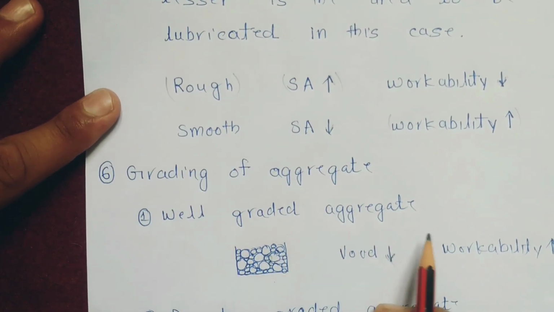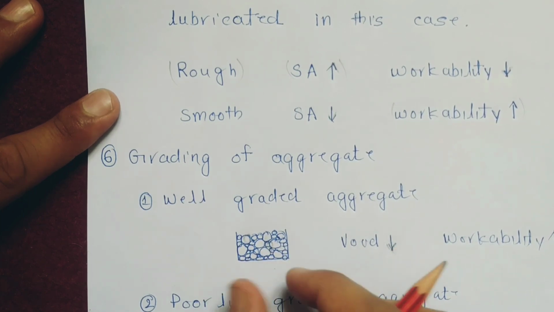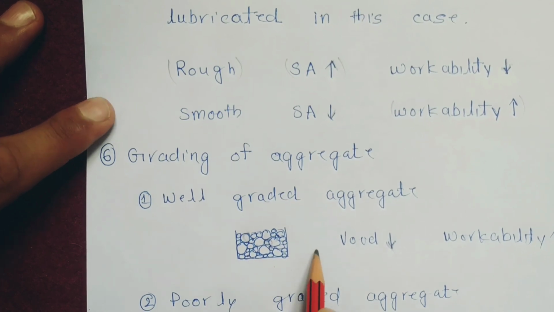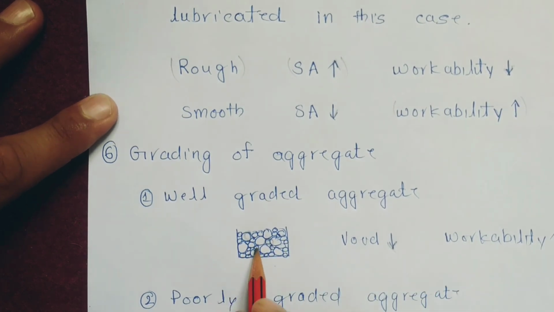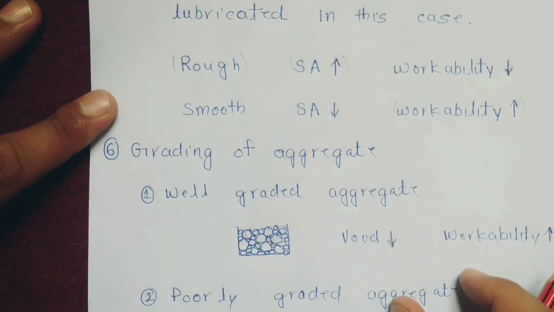Now we are coming to grading of aggregate. In well graded aggregate, there are big particles and small particles. The voids between the big particles will be filled with the small particles, and the voids between the small particles will be filled with the cement water paste.